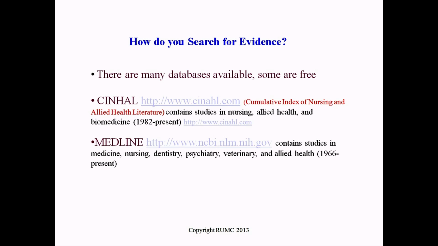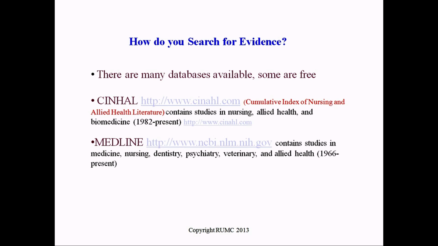So how do you search for evidence? You go into the literature and look for current and relevant articles and other resources. And there are many databases that are available. For example, CINAHL and Medline. There are other databases that are free to the public, such as PubMed.